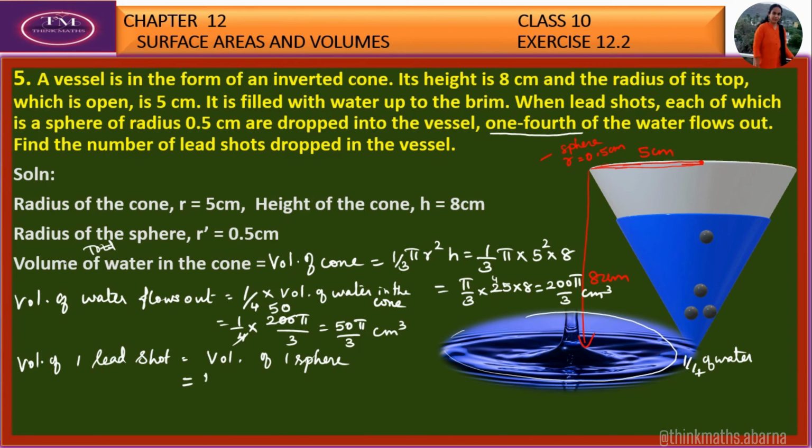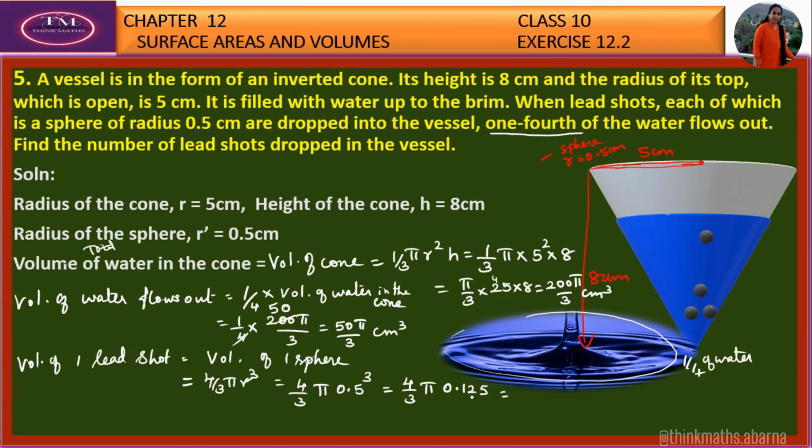What is the formula for the volume of a sphere? It is 4 by 3 pi r cube. The sphere has radius r dash. So 4 by 3 pi into 0.5 whole cube. 0.5 whole cube is nothing but 0.125. So 4 by 3 pi into 0.125.